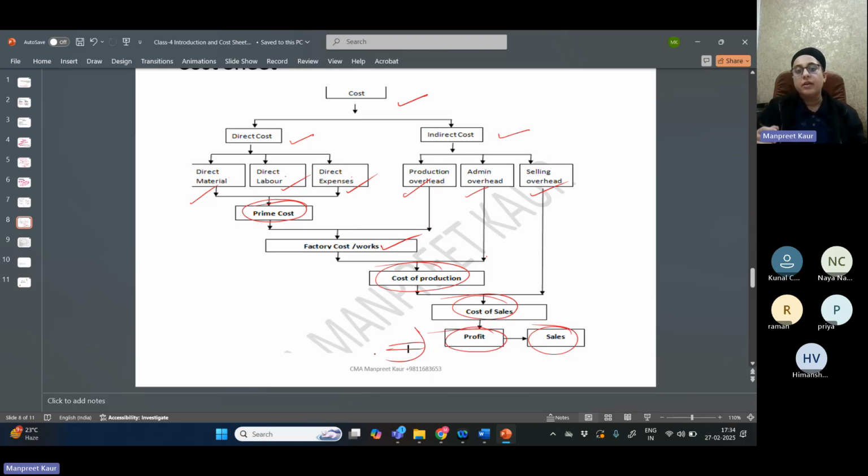Have a look, and then I will write how we do the adjustments in the cost sheet related to inventory of raw material, WIP and FG.